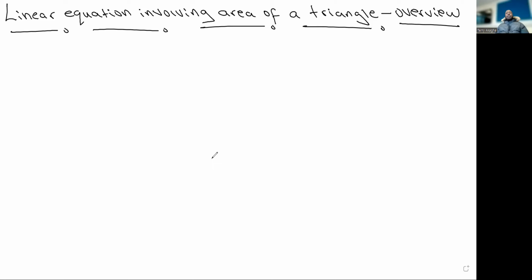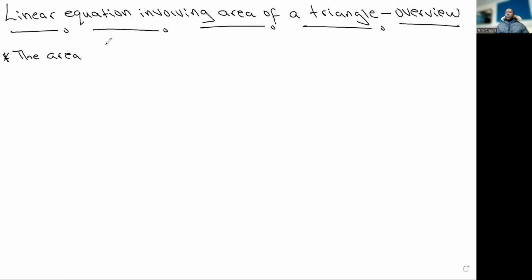So when we talk about the area of a triangle, it is basically defined as the total region that is enclosed by the 3 sides of any particular triangle. I'm going to write it down because I know some of us are taking notes.